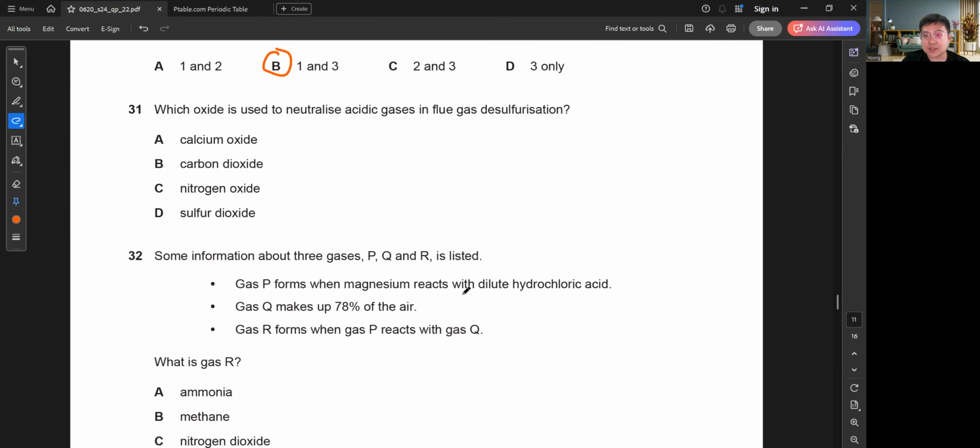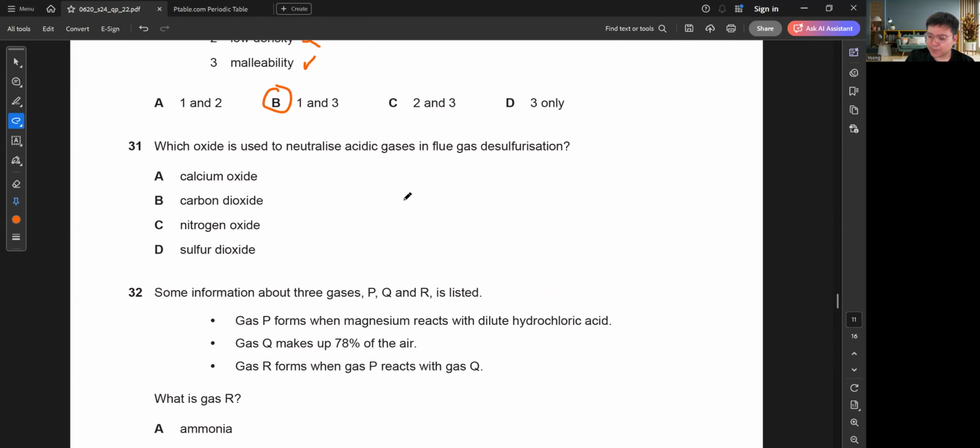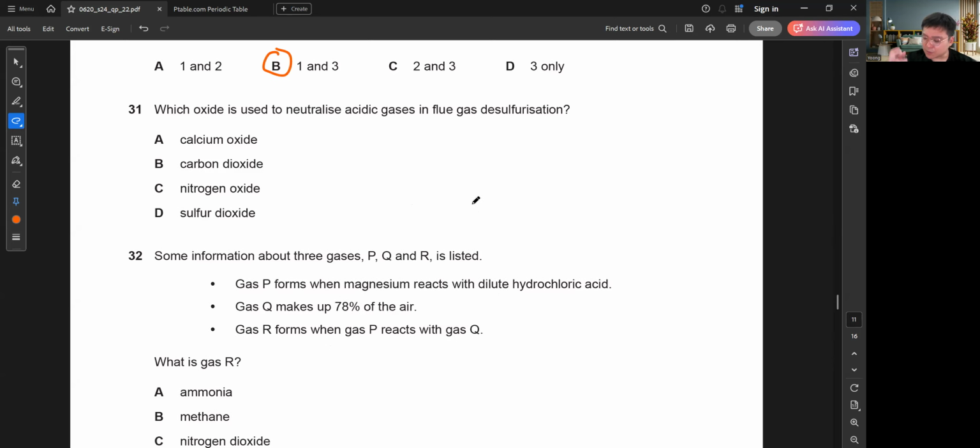31. Which oxide is used to neutralize acidic gases in flue gas desulfurization? So this one as well, we need to memorize in the chapter of, what's that called? The heating where we extract metals, the blast furnace chapter.